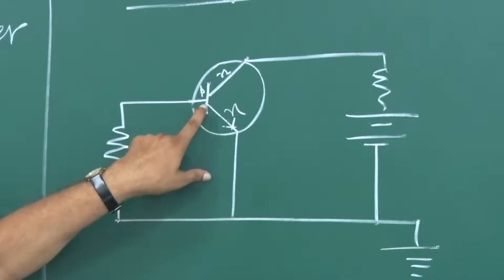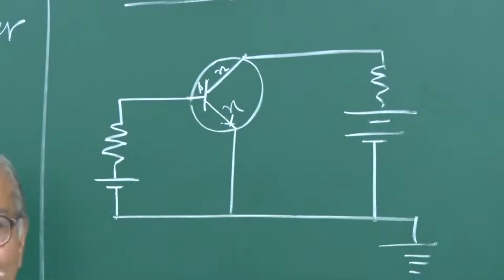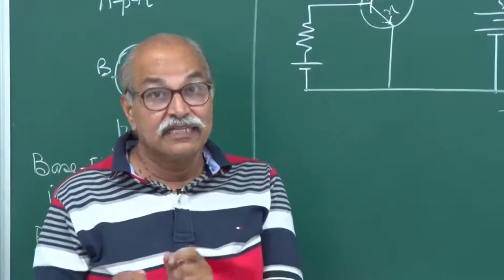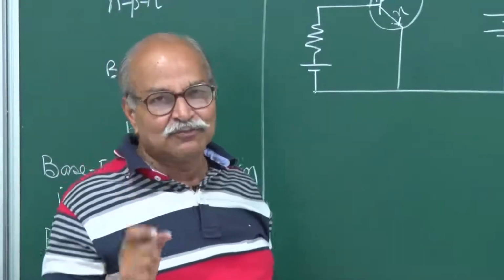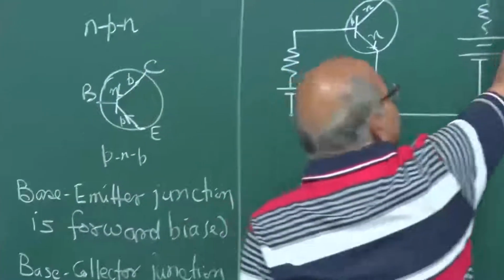You remember, in a forward biased PN junction, the voltage appearing across the junction has a certain value, because after that the current shoots up exponentially.